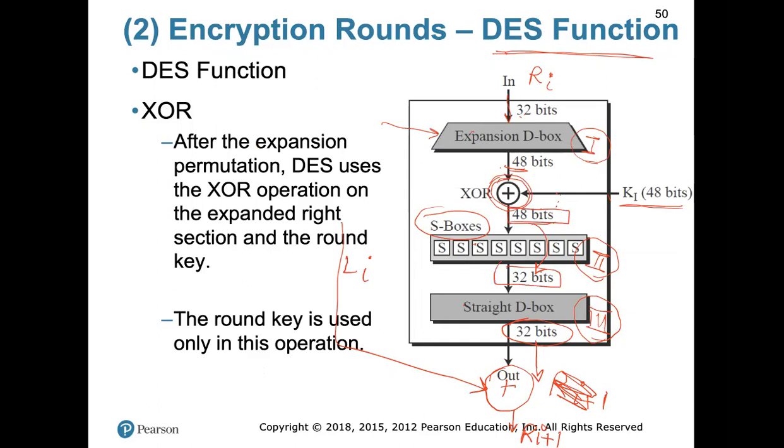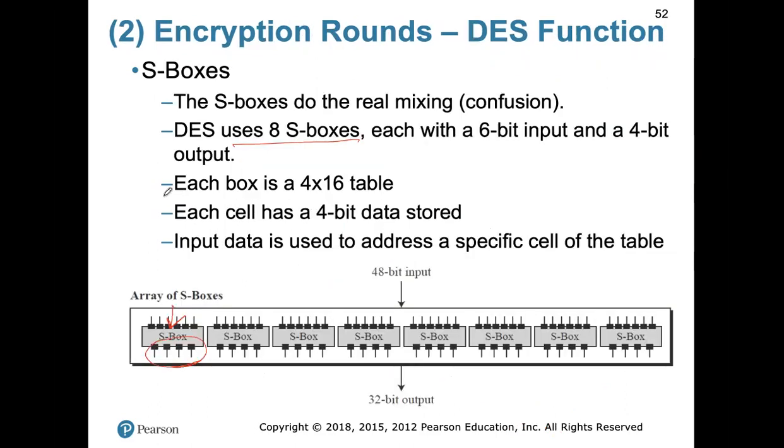For every substitution, they require 6 bits in order to point to some cell, and then you get 4 bits out of that cell. That way, for every 6 bits, you reduce 2 bits. So it makes your 48 into 32.